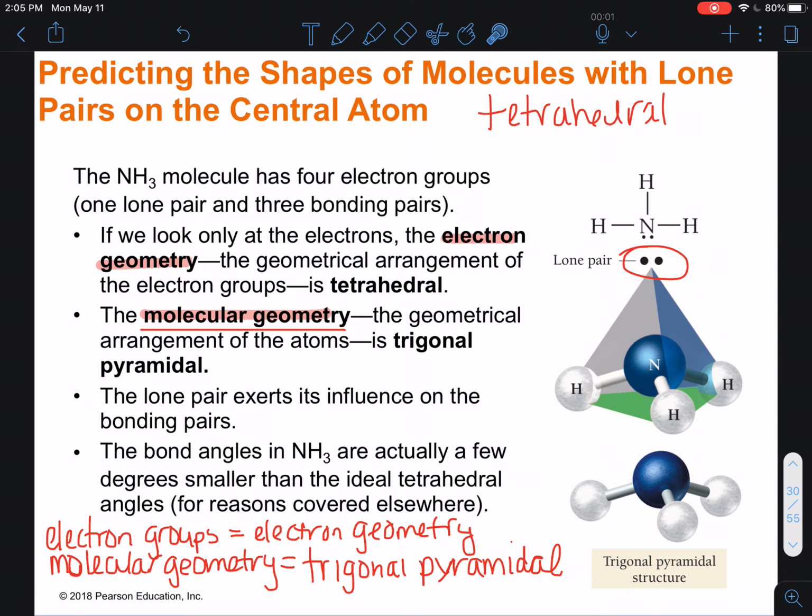Okay? So the bond angles in NH3 are actually a few degrees smaller than the ideal tetrahedral angles, and this is because electron lone pairs repel more than anything else. So they're going to push these bond angles to be a little bit less than 109.5 degrees. All right.